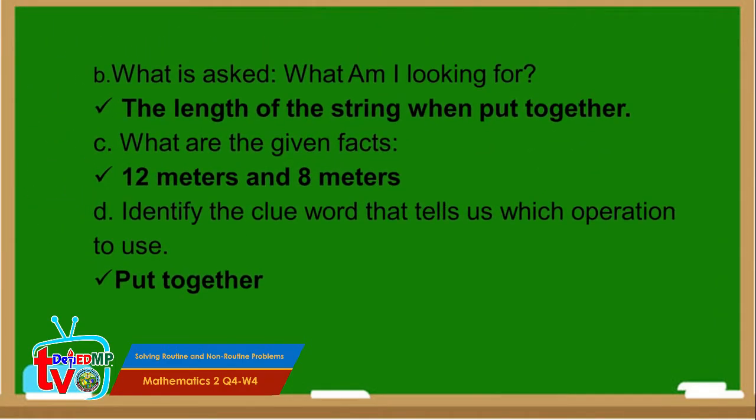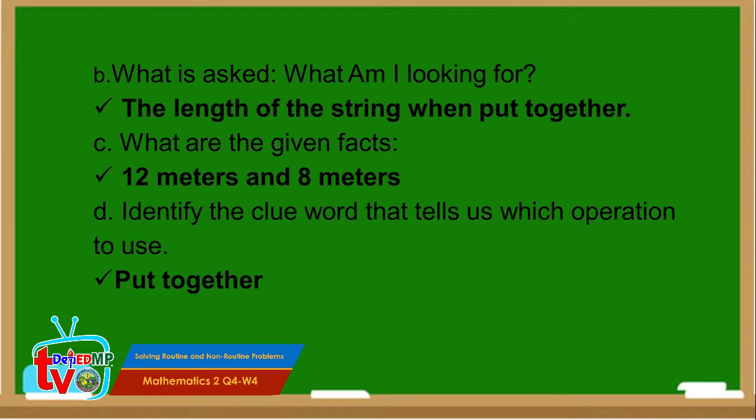Now letter B. What is asked? You must know what is asked in the problem, or what you are looking for. So you are looking for the length of the strings when put together. Letter C. You must also know what the given facts are.